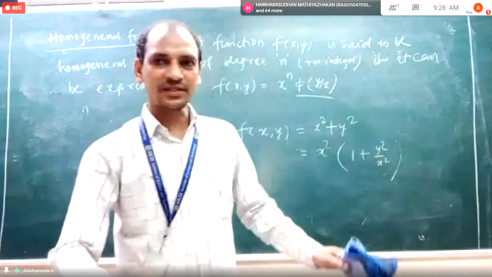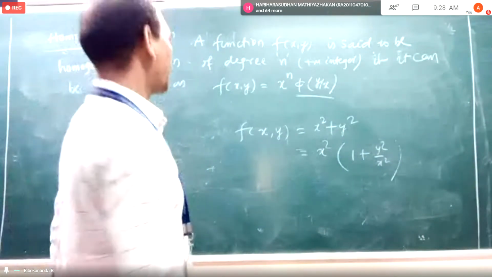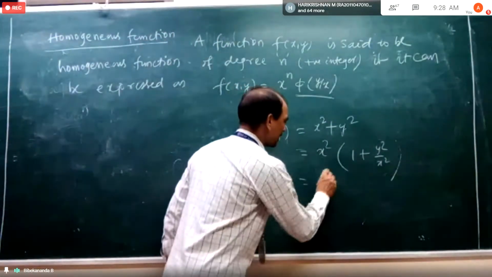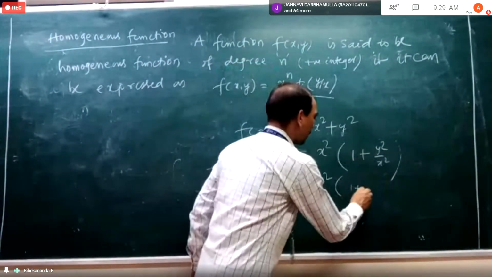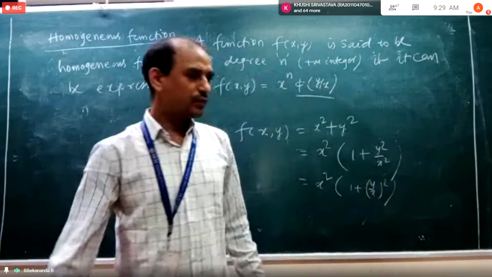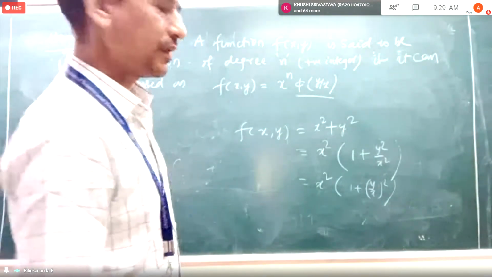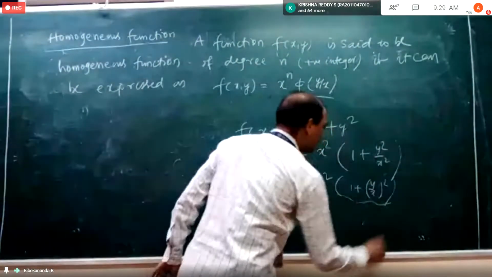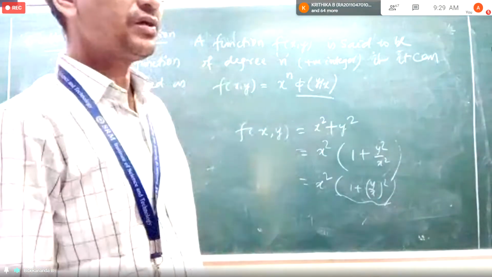Up to this it is clear? Now x square is there. This is equivalent to 1 plus y by x whole square. Now this total term is nothing but a function of y by x, so we can express it as a function of y by x.